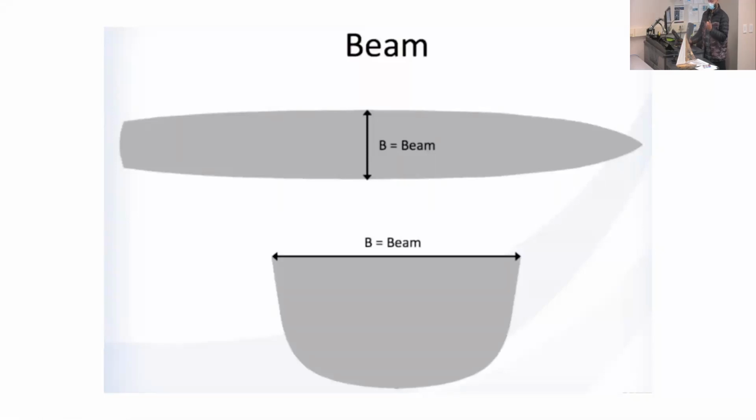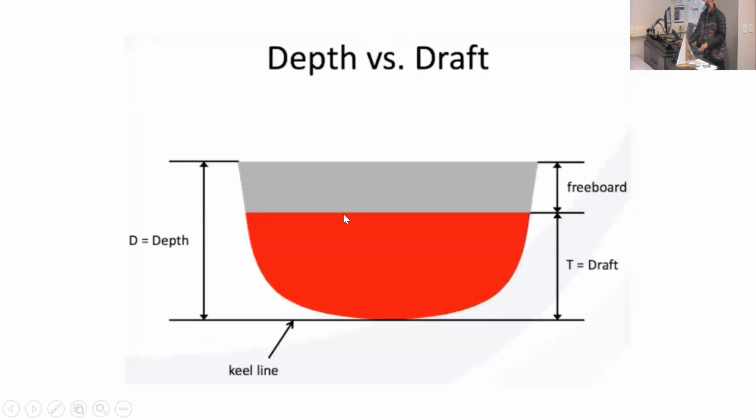Beam is just the maximum distance going port to starboard, any place on the hull, usually at the center midplane. That's the top view, that's the front view. Draft, that's what I was mentioning.